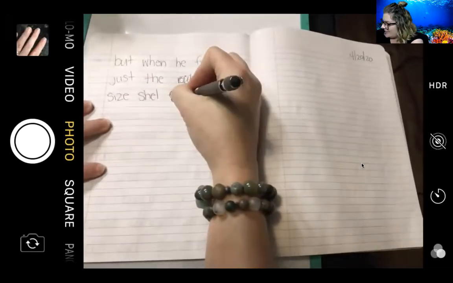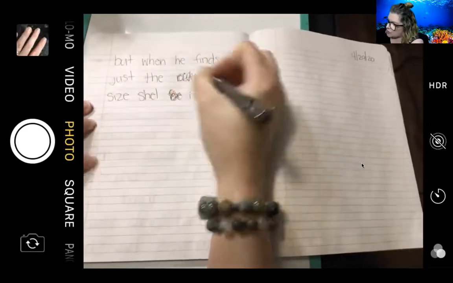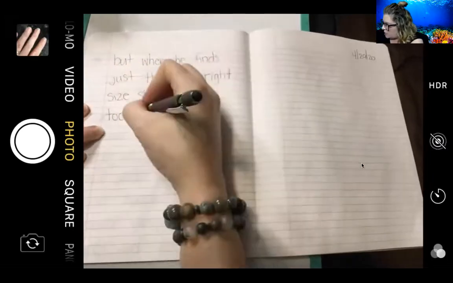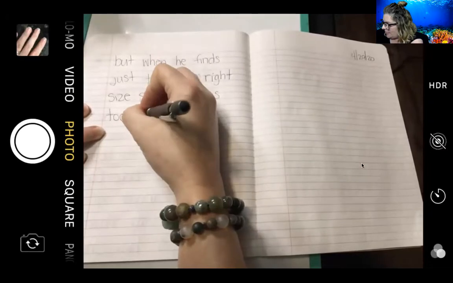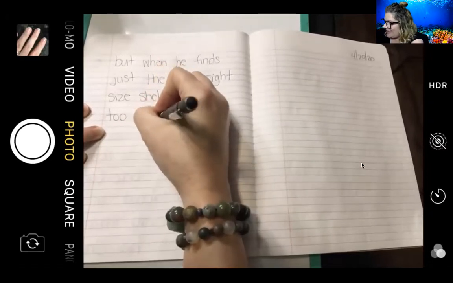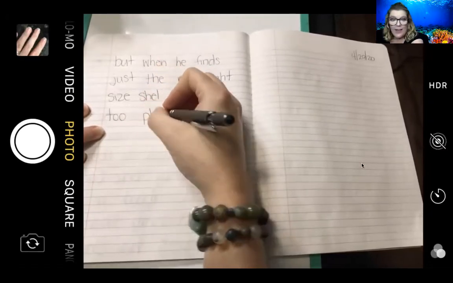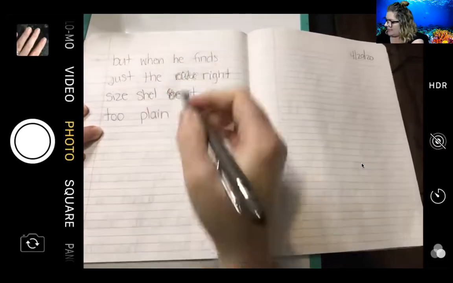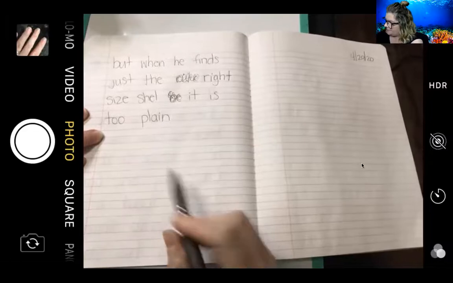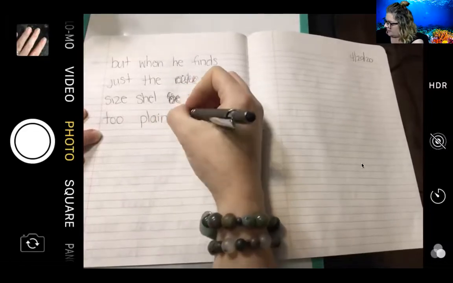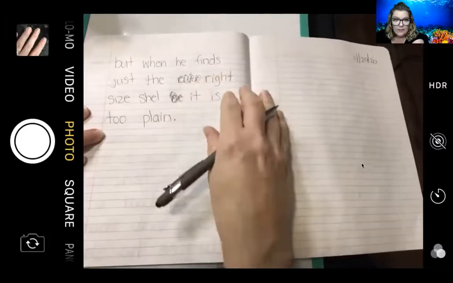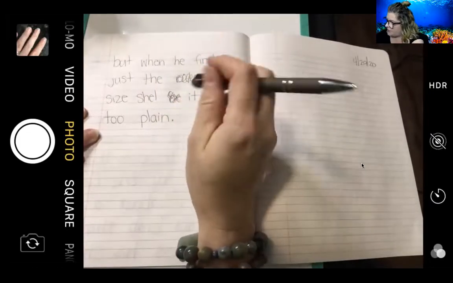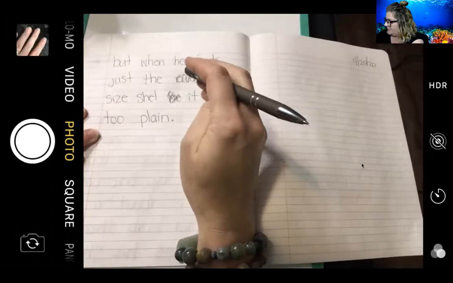It is too plain. A-I, like rain, remember? Plain. It is too plain. All right, so when he finds just the right size shell, it is too plain.